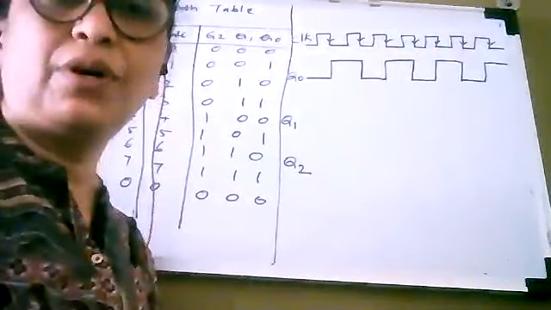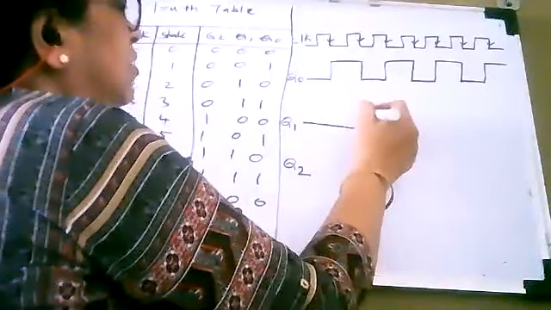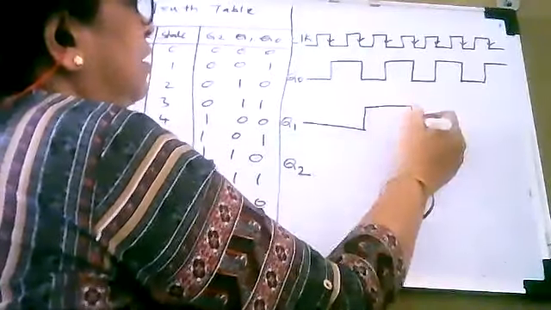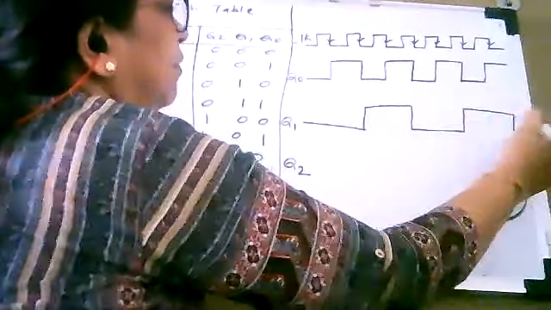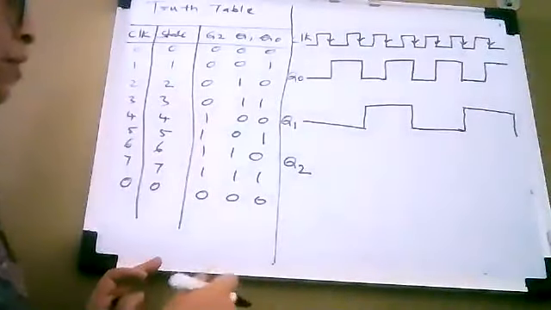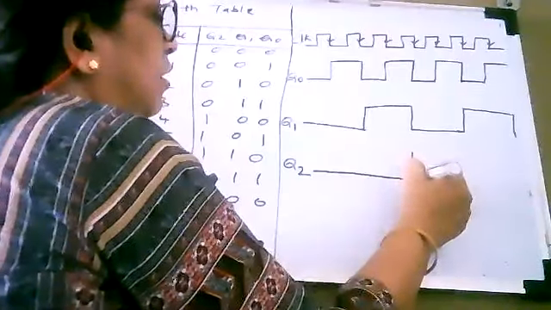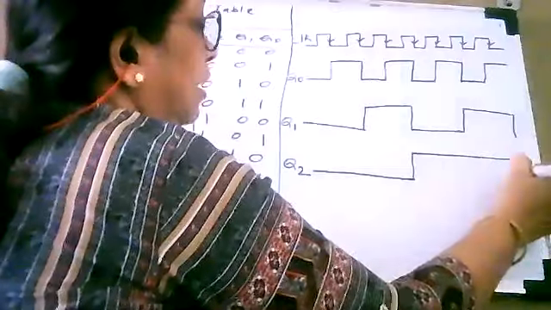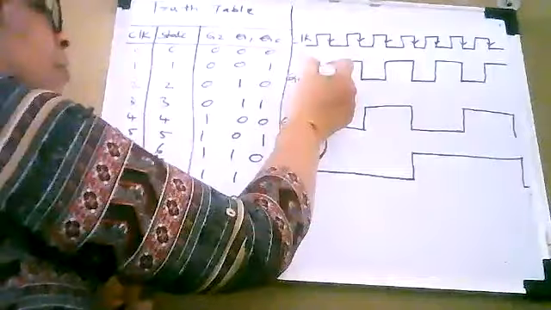Now, if you observe Q1, then 2 times it is 0, and then 2 times it is 1, then 2 times 0, and 2 times 1, and again it will go down. Now, if you see Q2, then it will be 4 times 0, and then 4 times 1, and again it will go down.